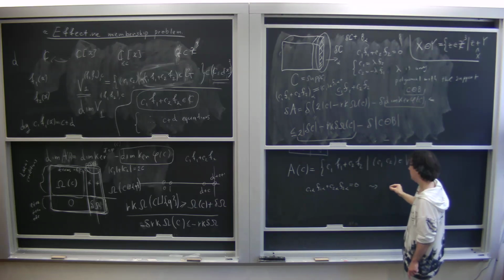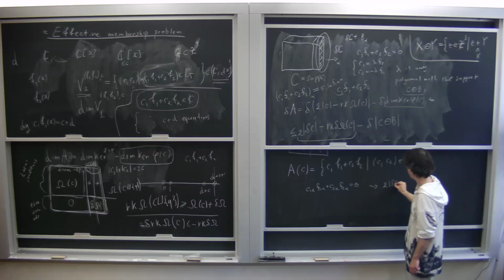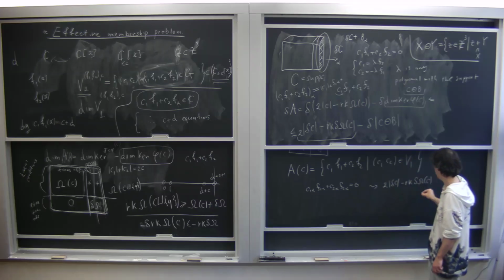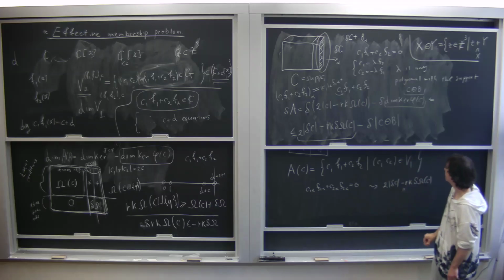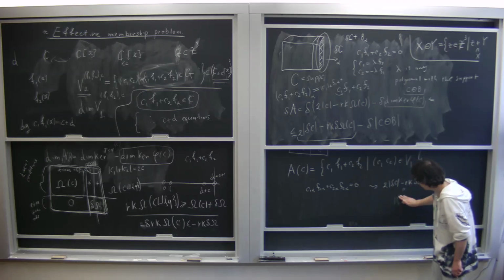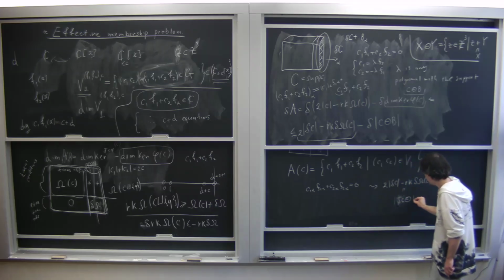So from what I just said, we can deduce that 2 delta C minus rank of delta omega of C is equal to the Pontryagin difference of C alpha, which is delta C actually, and B alpha.